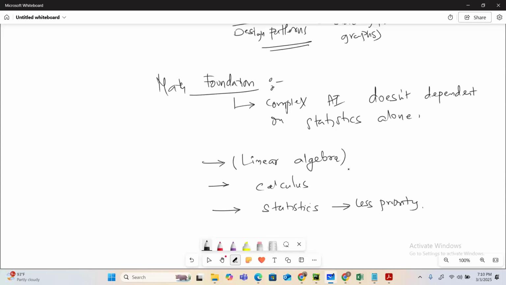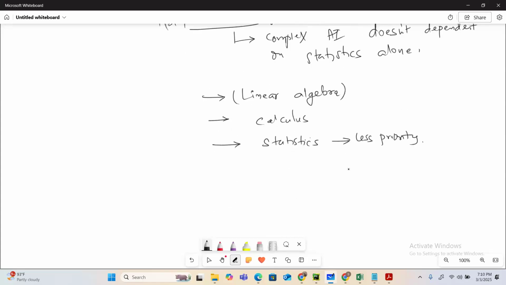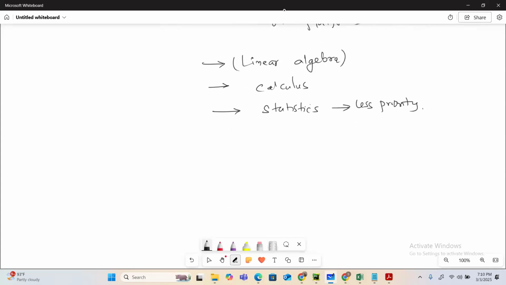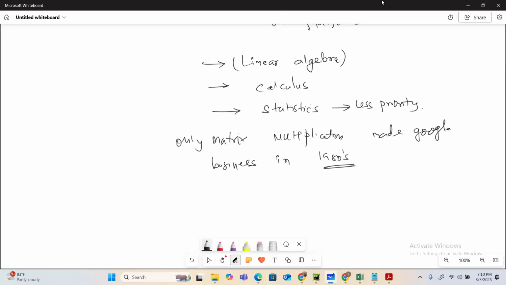You don't believe me? Matrix multiplication alone made Google's business by Larry Page.